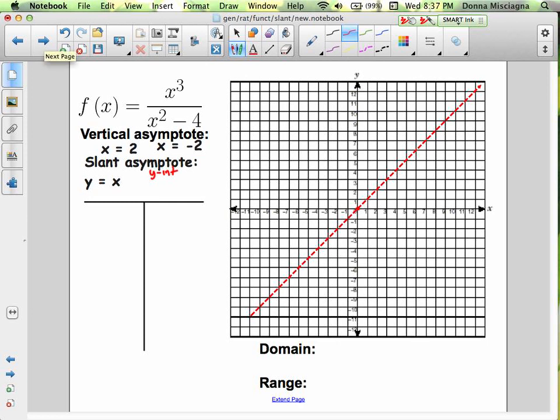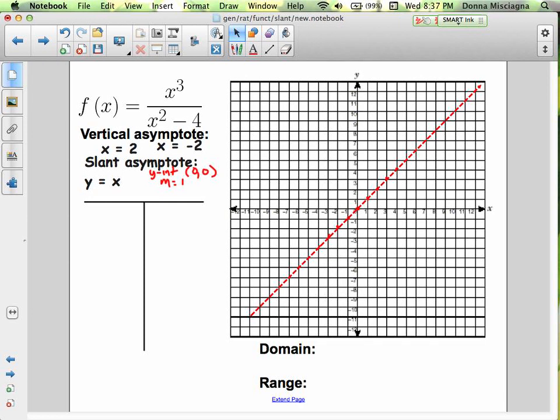And then, well, 0, 0 is also a point on our graph, but we'll talk about that in a moment. So the y-intercept for the slant asymptote is 0, 0, and the slope is 1. So you just graph the point 0, 0, and then you can go up 1 to the right 1, up 1 to the right 1, and get more points. And you can also go down 1 to the left 1, down 1 to the left 1, and so forth to get more points. Whatever you need to be able to graph the line y equals x. So this is the slant asymptote.